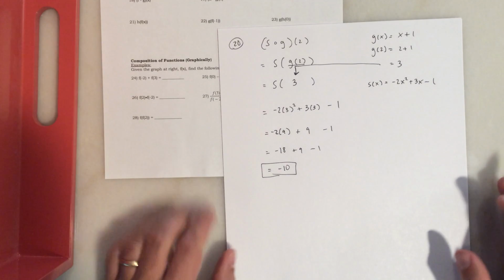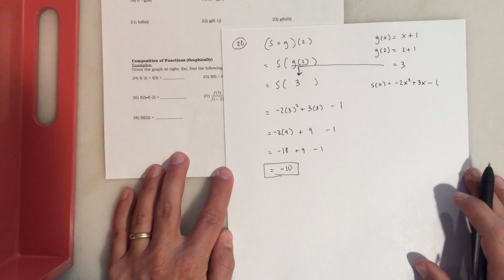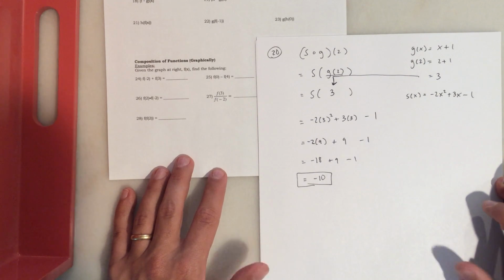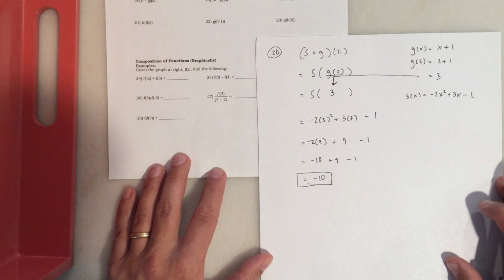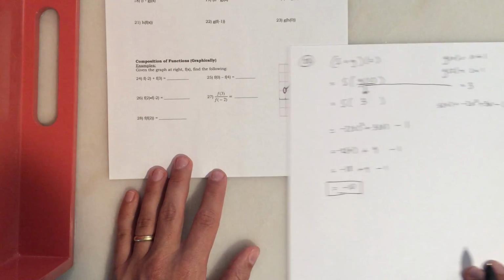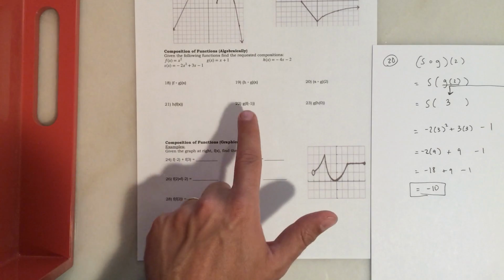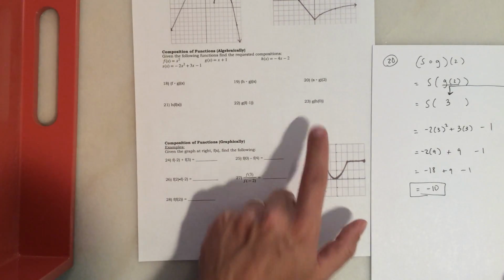Negative 10. Cool. That's all I'm going to do for 18 through 23 there. I'll let you do 21, 22, and 23 on your own, and then check your work against the key.